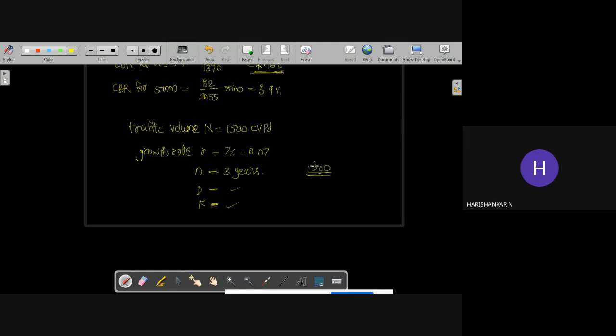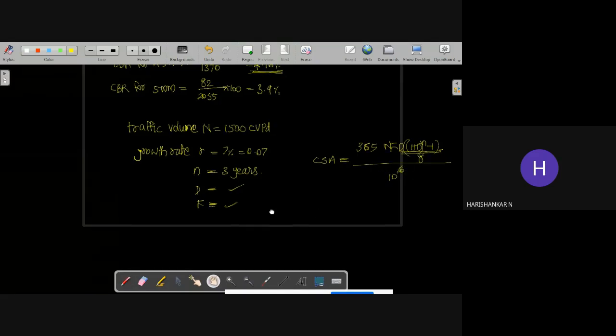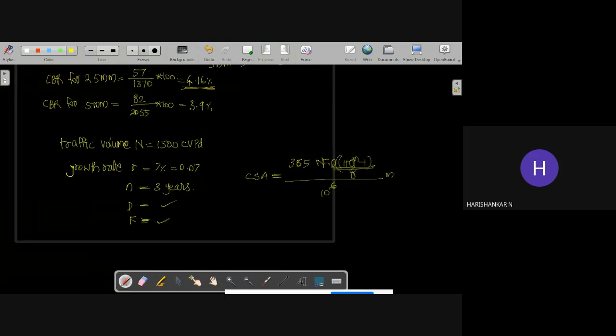You can take those values and simply substitute in the equation 365 NFD into (1 plus R) whole raised to N minus 1 by R. If you do this, then you will get the CSA value, the cumulative standard axle value, and you have to divide it by 10 raised to 6, so that you get the value in terms of MSA, million standard axle.